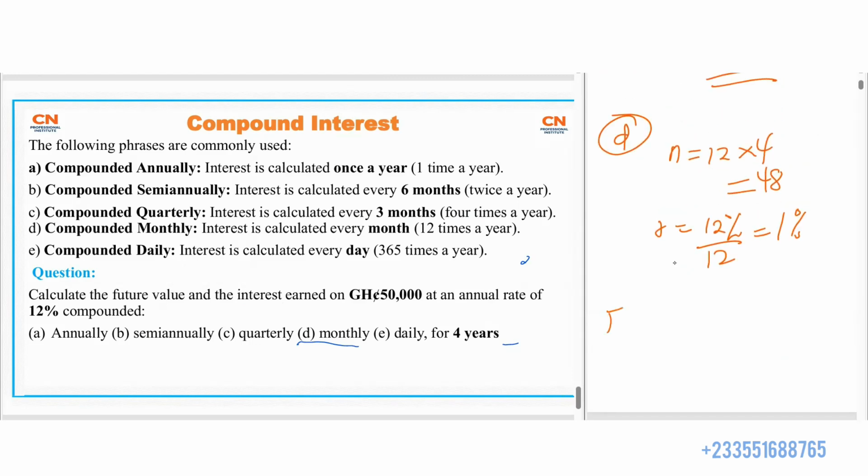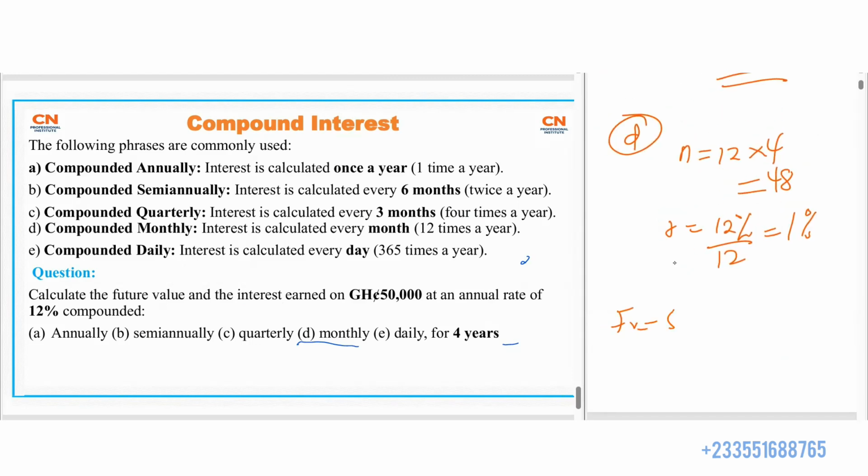So the future value will be equal to 50,000 into bracket 1 plus 1%, which is 0.01, raised to the power 48. So 50,000 into bracket 1 plus 0.01 raised to the power 48, and I'm getting 80,611 as the future value.